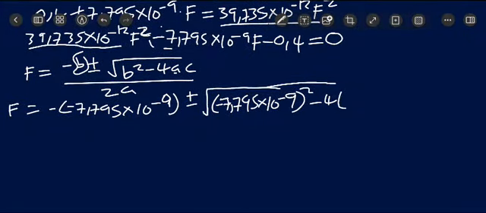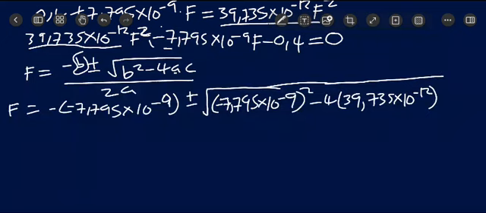What is that? 39.735 times 10 to the power of minus 12, like that. Then c is there.